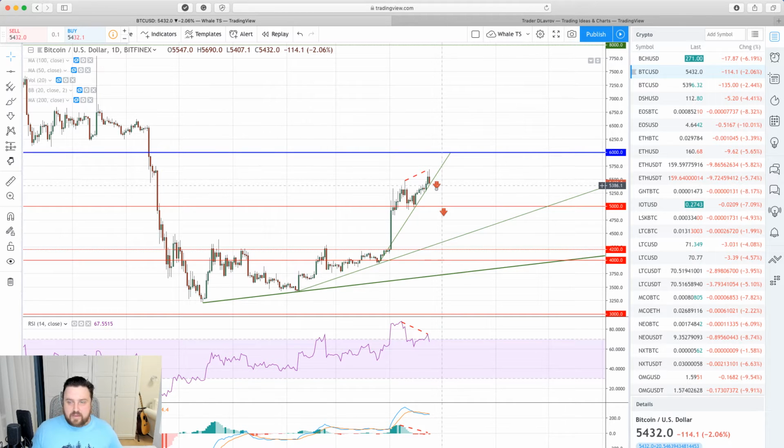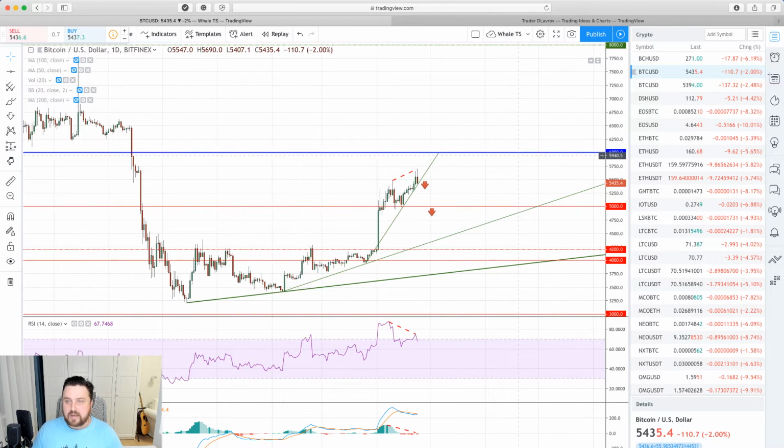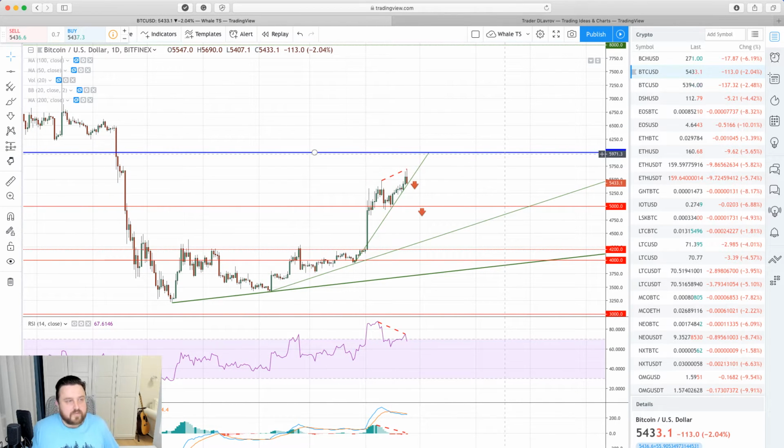So I think these 2 weeks will tell us how this correction will be done. It can be an opposite price movement, or it can be sideways movement. In both cases, we will have a correction.